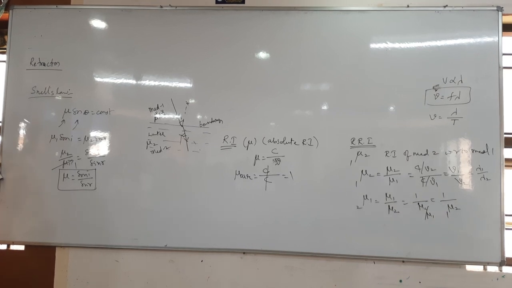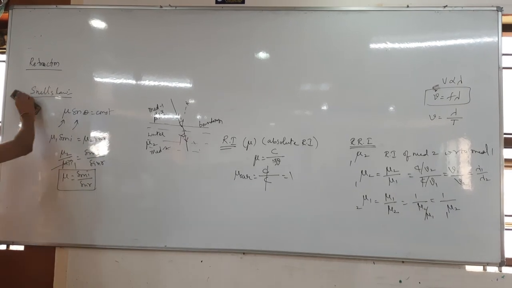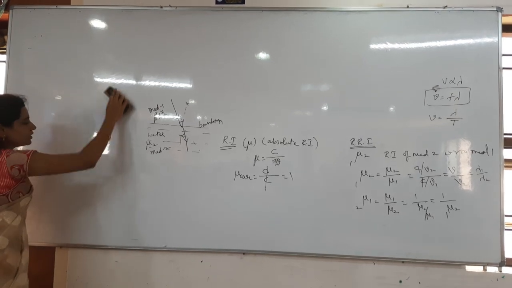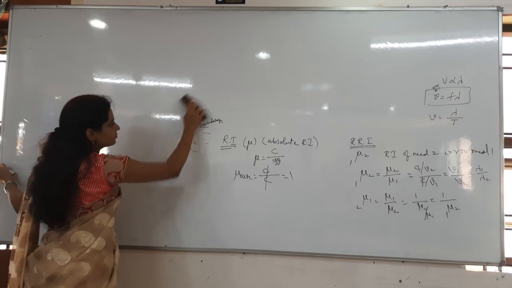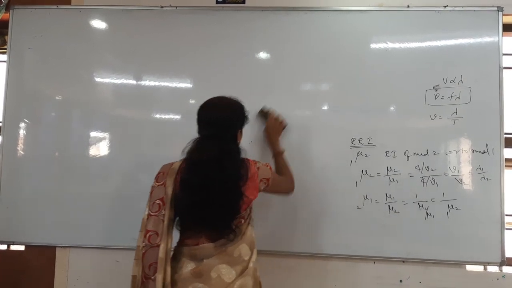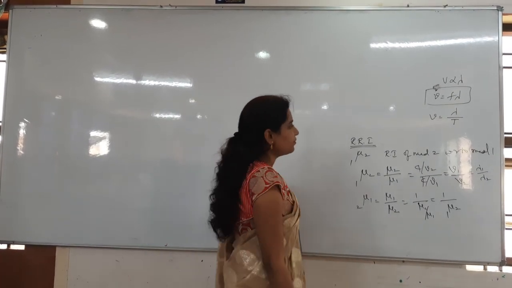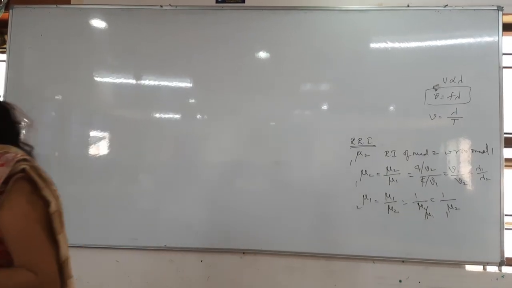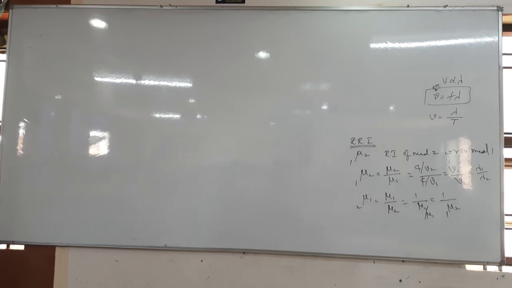When the light travels from one medium to other, its frequency remains constant. Speed, wavelength, intensity changes.